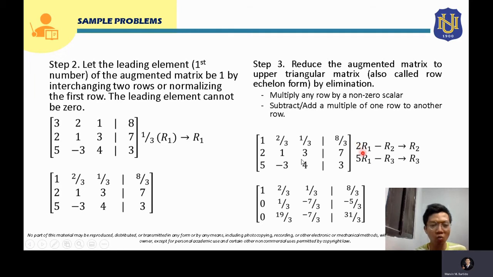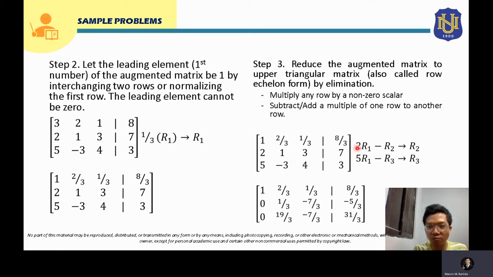Okay, so 2R1, so that will be 2 times 1, minus R2, so minus 2, that will be 0. And then we have here 2 times 2/3 minus 1, so that will be 1/3. Okay, so we can use a calculator here, no?